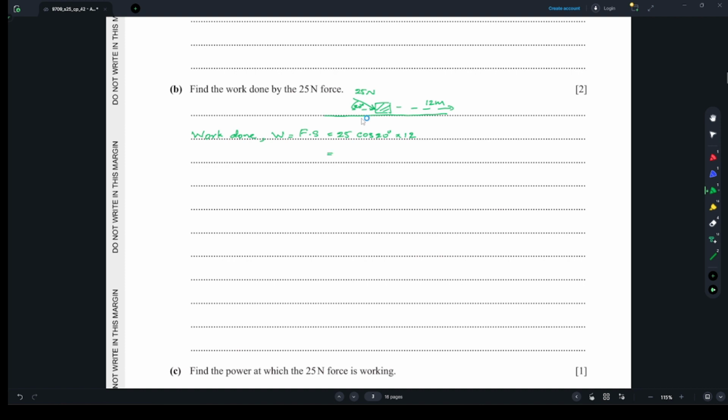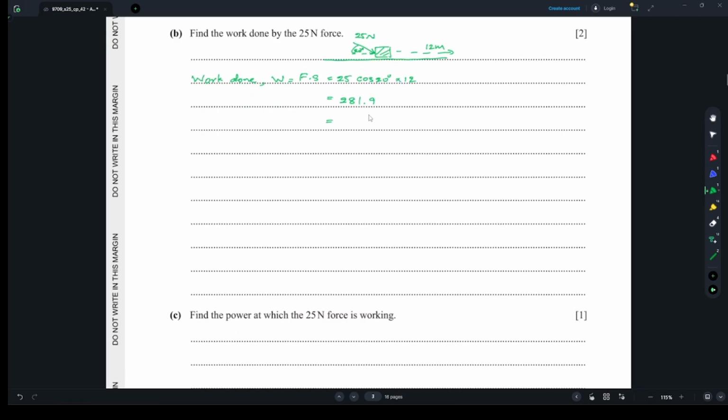With this you can calculate it: 281.9. But we have to keep our answers in three significant figures, so we write 282 joules.